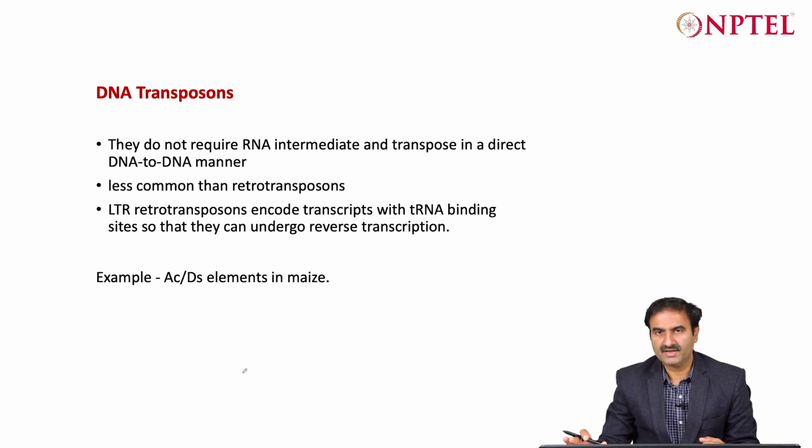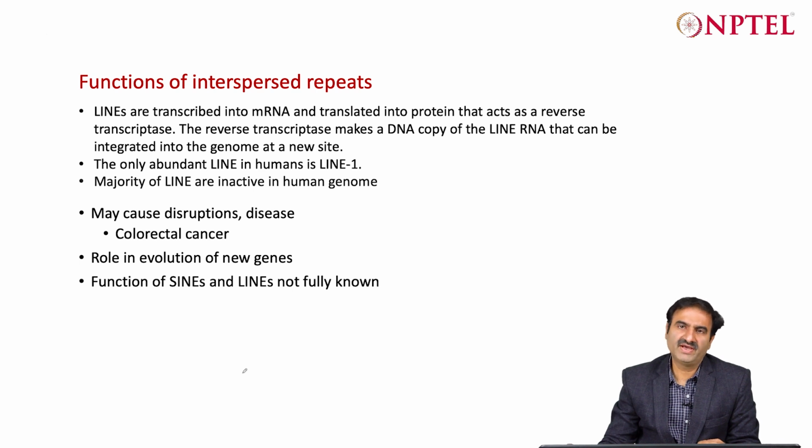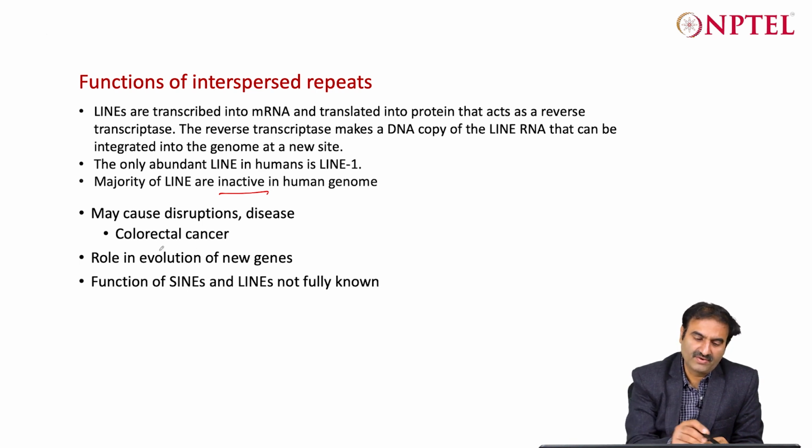Basically these LTRs are distributed throughout the genome and have a lot of functions. Because of their random insertion here and there in the genome, they can cause disruptions. If they are not lying in a region of any known function, they are called inactive elements, and they cause disruptions when they insert into genes, as in colorectal cancer.